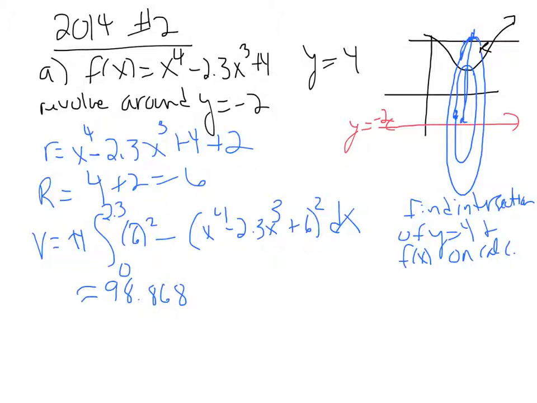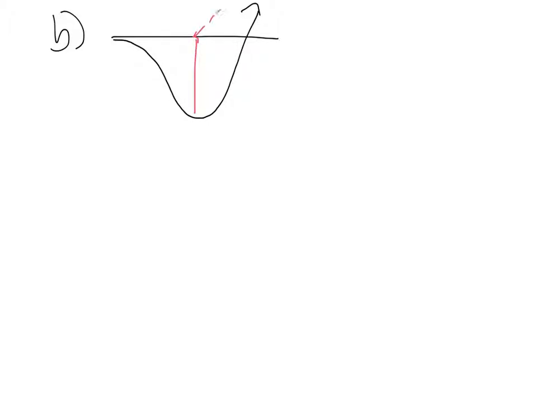Part B, I'm going to go back to my graph here. Now, what they're telling you is you've got these isosceles right triangles, which means that you're taking these cross sections that look like this. It's not a great picture, but that is the isosceles triangle, where this is the base and this is the height. But since the height and the base are equal, they're both, quote, the base.